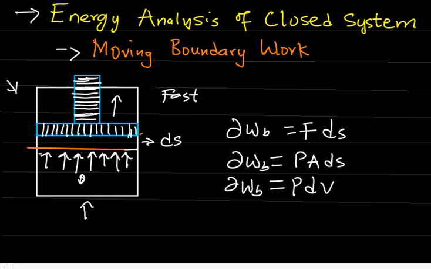So now we are meant to calculate the work that is done in this movement, done by the gas on this piston, pushing it up, and that work is known as boundary work because this is a movable boundary. Work is done to move this movable boundary upward, and there's no way we can calculate this work if we are looking at a system that is moving very fast.